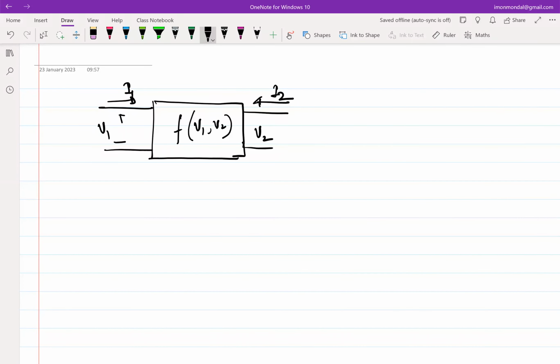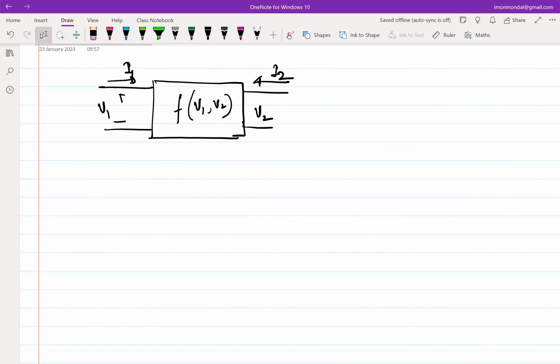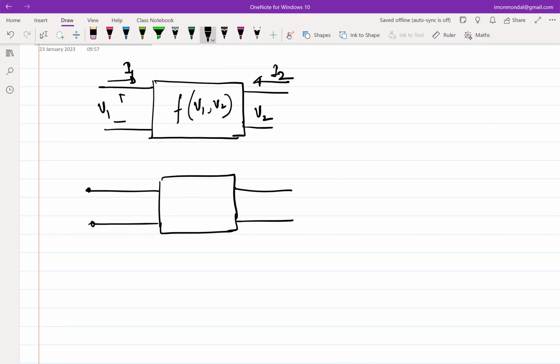And then we graduated to saying that since we cannot express I1, I2 in terms of linear relationships of total V1, V2, because it's nonlinear, we can express the incremental quantities as a linear combination of the currents or the voltages.